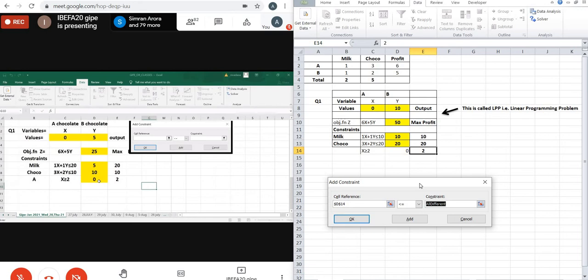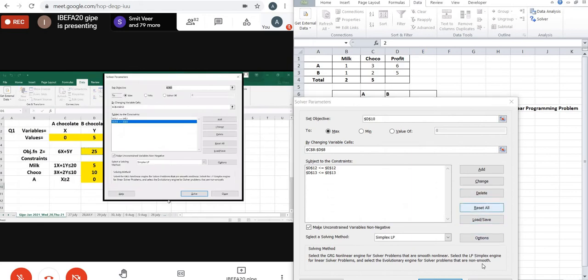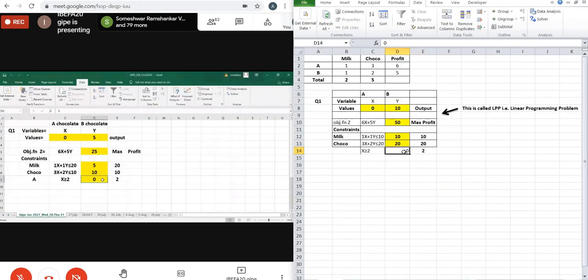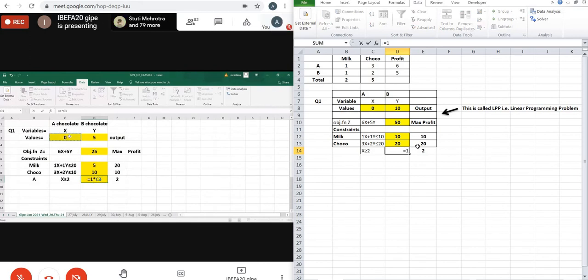Oh, sorry, I have to give the formula here. So this is x, that is 1 multiplied by x value plus 0 multiplied by y value. Now go to solver.